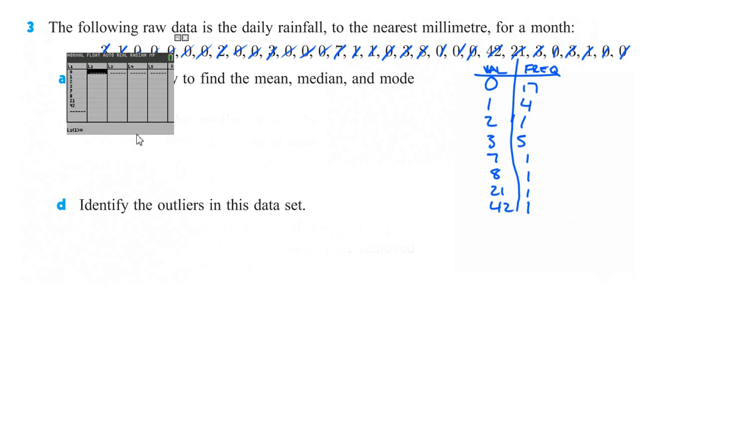So those are all of our values, and then for the frequency we'll just enter those numbers in. 17, instead of having to type in 17 zeros, I just have to do 0 and then 17. There's 4 1s, there's a 2, 5 3s, and all the rest of these are just 1s.